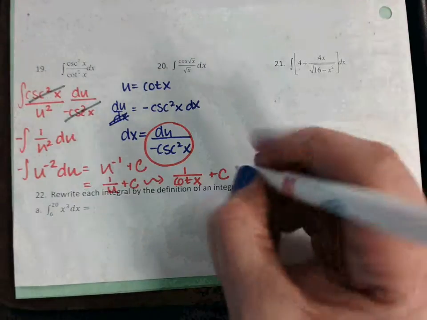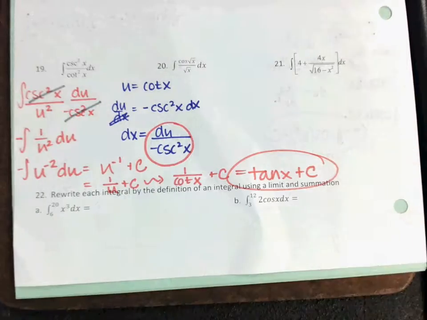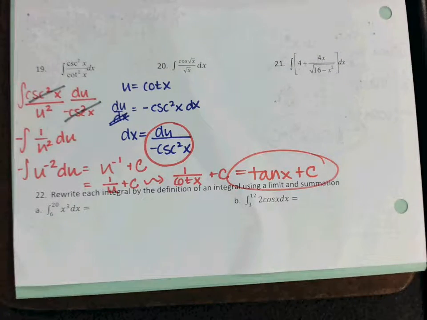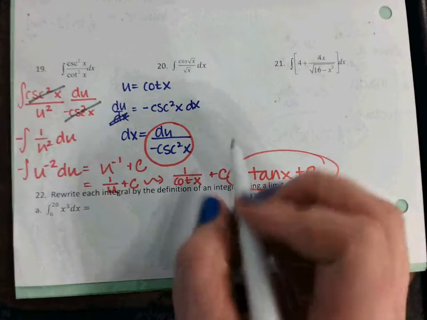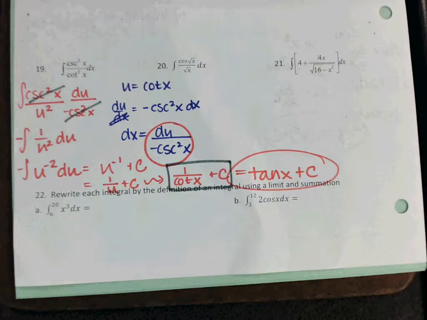Tangent. Very good. So that is the same as tan x plus c. But if you got it to here, then if it was free response or something, that would have been totally fine. Just if it was multiple choice, they would probably want you to know 1 over cotan is the same as normal tangent.